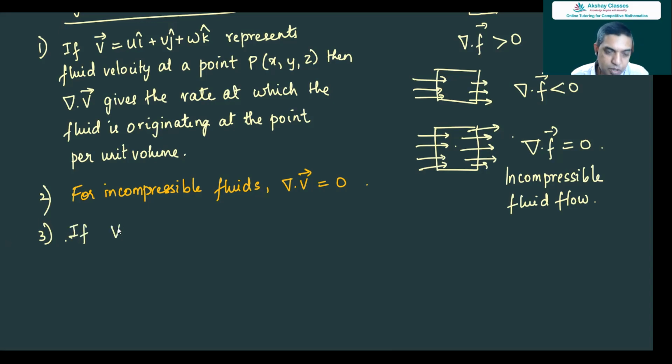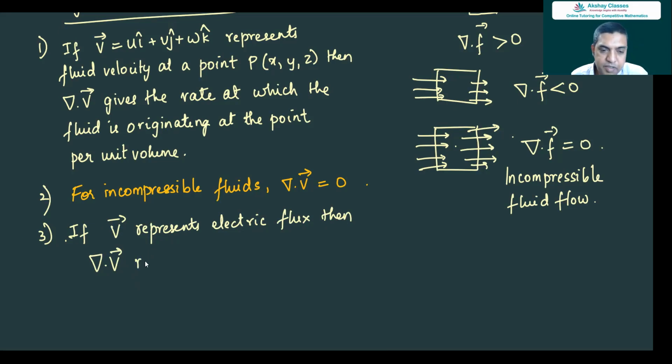If V represents electric flux, then del dot V represents the amount of flux that diverges from that point.